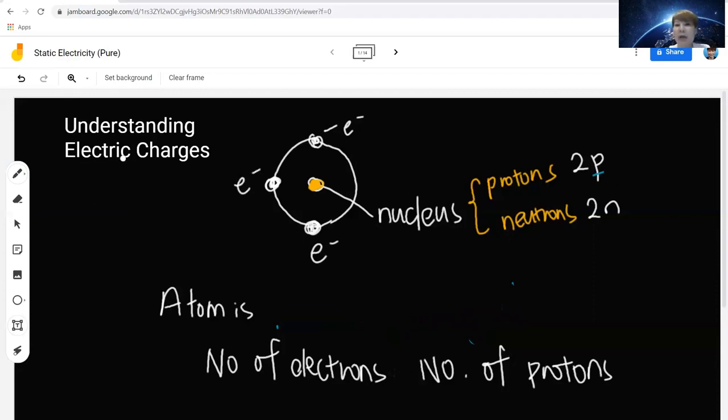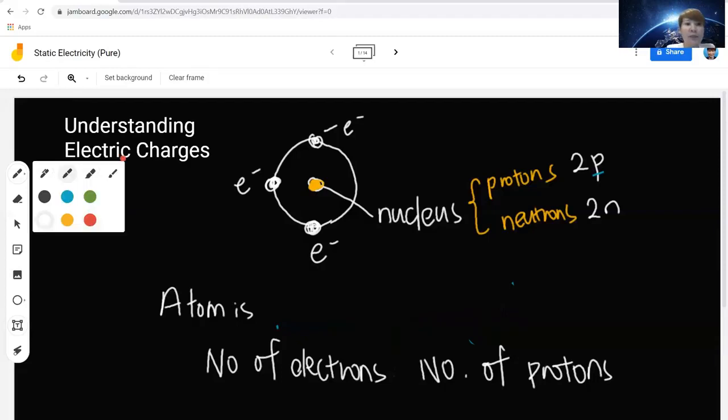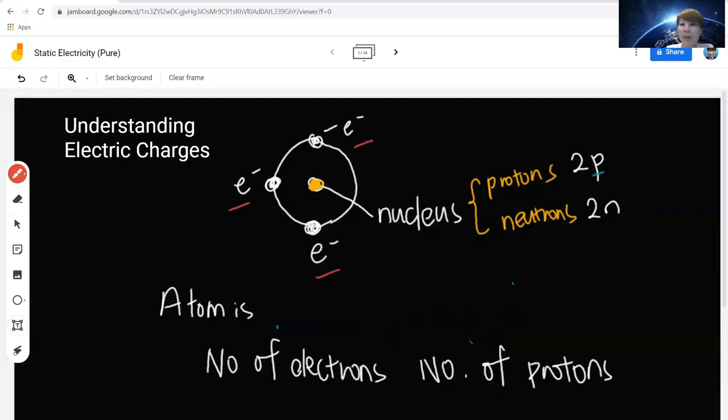So this atom now has 3 electrons as compared to 2 protons. The number of electrons is greater than the number of protons, so we say that the atom is negatively charged.